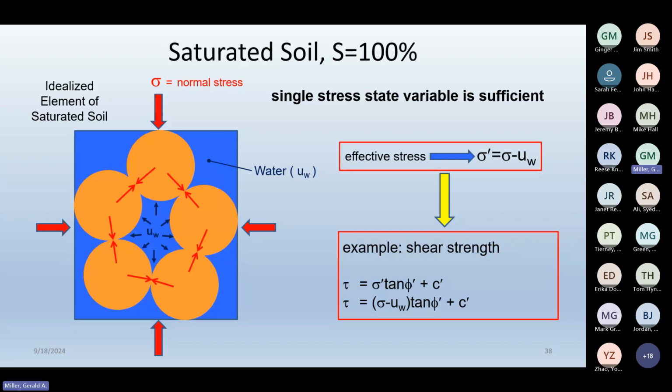So that would be due to cohesion or cementation or something like that. So it makes sense that this effective stress describes behavior very well because it's a measure of that contact stress. Same with compressibility.